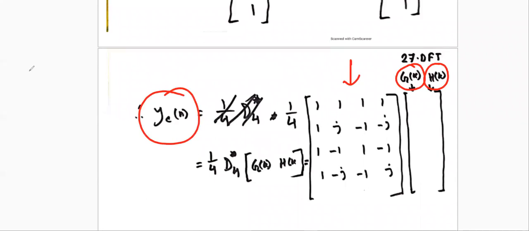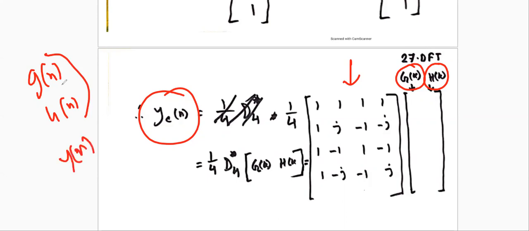And that is why I am saying that if you want to do the linear convolution between Gn and Hn, the first thing you need to do is pad with zeros, targeting the output. What is the output? As I have already mentioned, if you have samples 0 to 3, you need the output from 0 to 6 samples. So you need to pad with 3 more zeros.